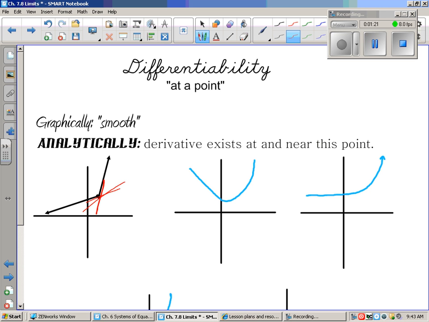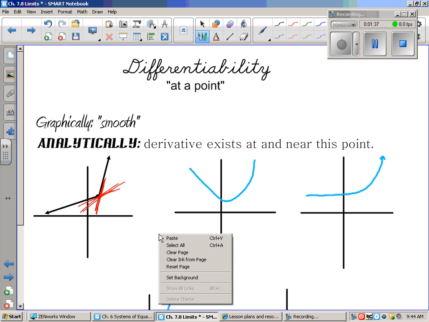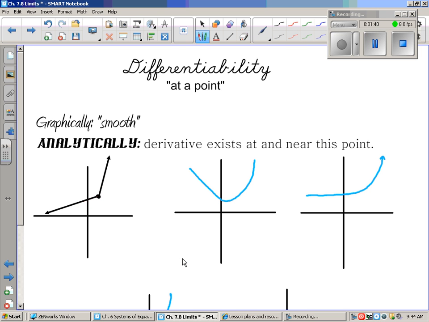It is not differentiable at that point because it has that jagged point, and we cannot distinguish where that tangent line would be drawn, because this would be tangent, this would be tangent, and so would this and countless others.